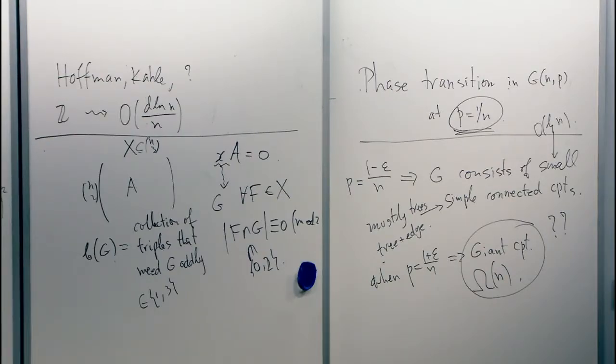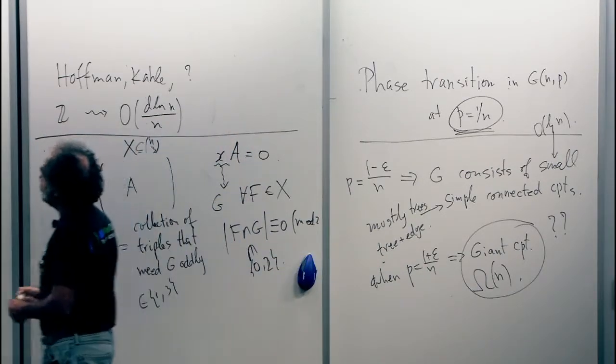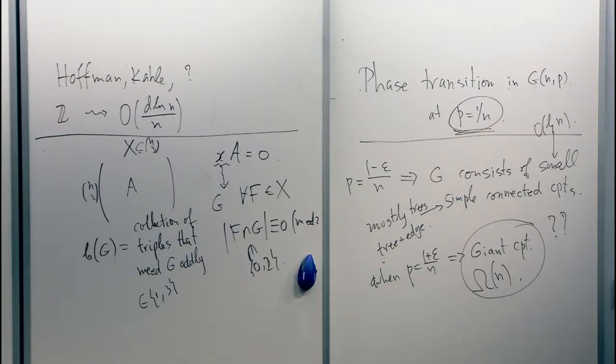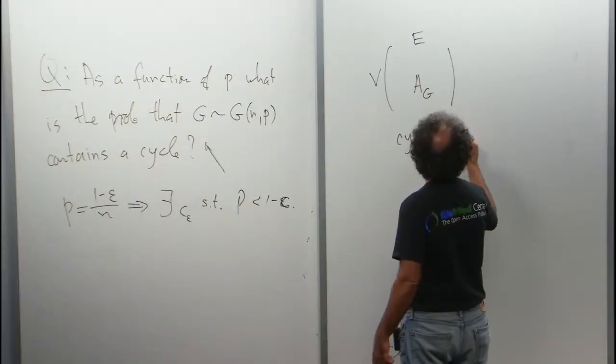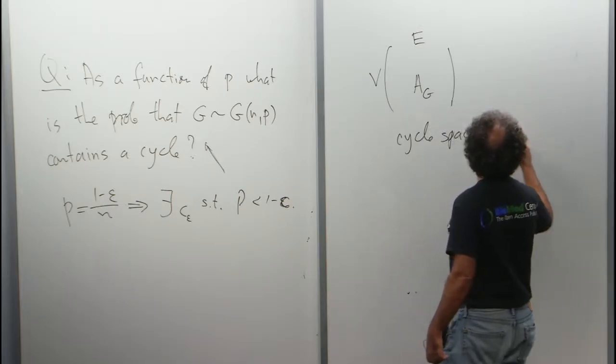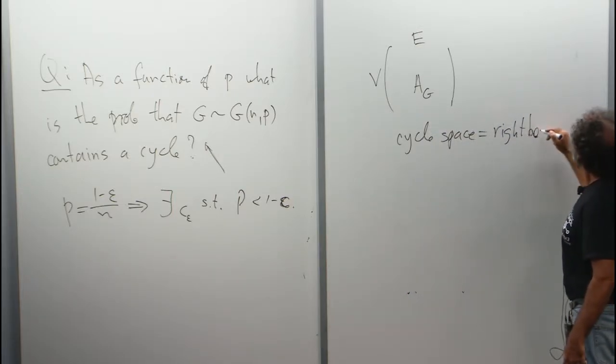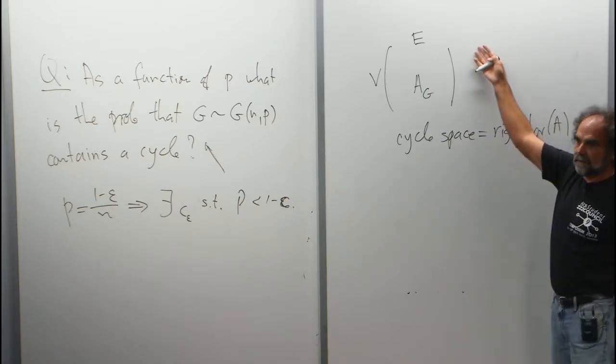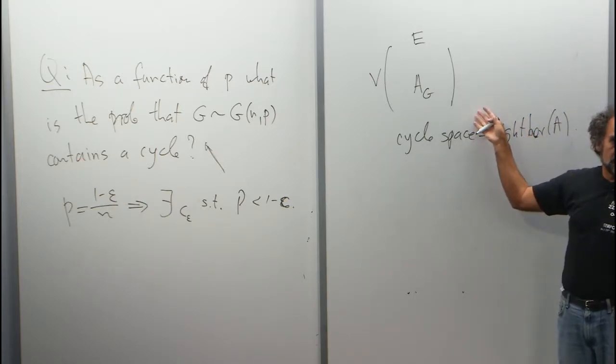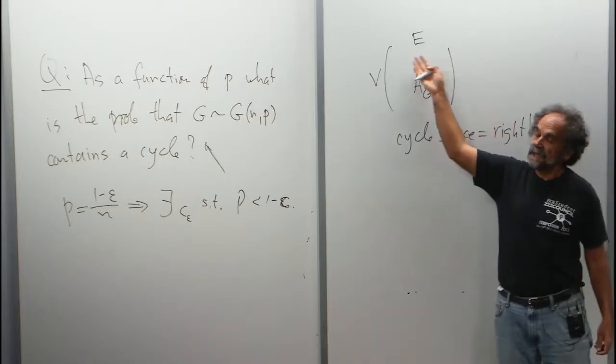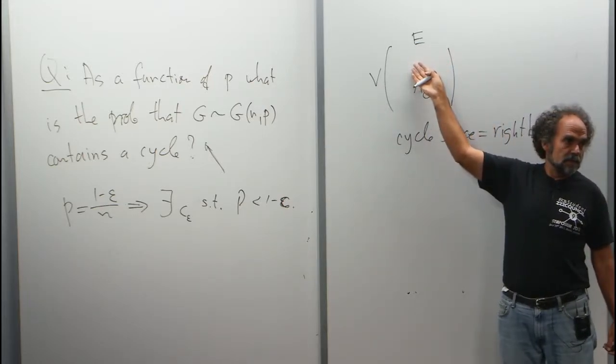So we already saw that linear algebra is a good guide in formulating the problems and looking at this. When I give you the incidence matrix A of a graph, where do you see the cycles? The cycle space is exactly the right kernel of A. Because if I multiply by a vector of zeros and ones, this means I've selected a subset of the edges.